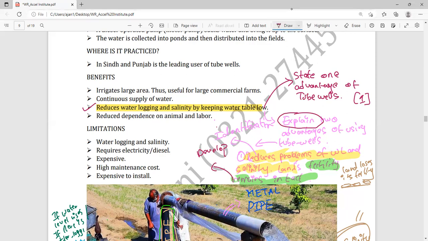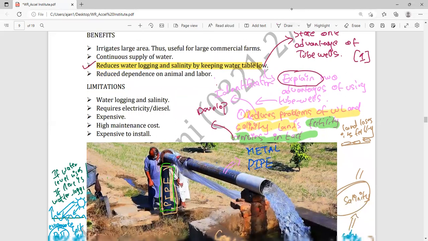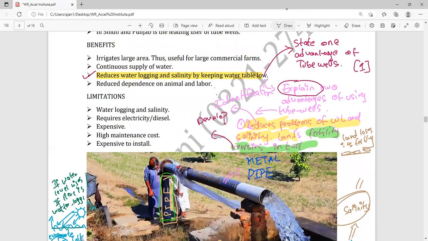There is a fast, fresh, continuous supply of water. Since the water supply is continuous, the farmer will be able to irrigate a large area. Commercial farming will become possible.